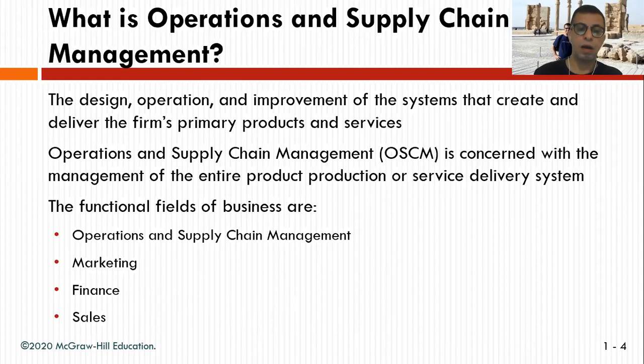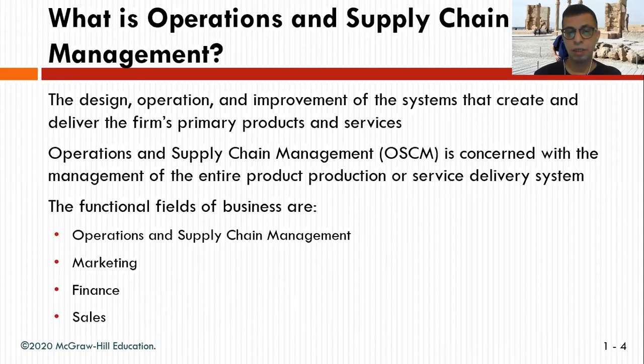OSCM, operation and supply chain management, is concerned with the management of the entire product production or service delivery system. We will be talking more about product production and service delivery systems separately, and we will try to analyze them and see what we need to know about them to improve the service or the product.